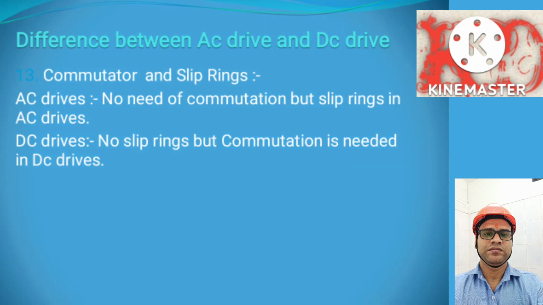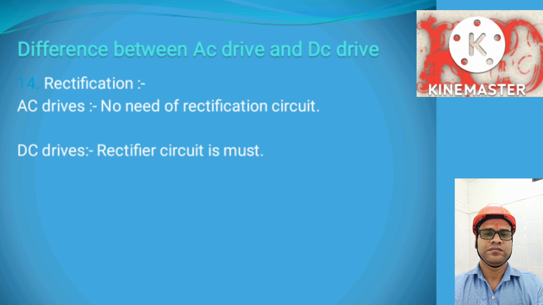Fifteenth, commutator and slip rings. No commutation is needed but slip rings are used in AC drives, whereas no slip rings but commutation is needed in DC drives. Sixteenth, rectification. No rectification circuit is needed in AC drives, whereas a rectifier circuit is a must in DC drives.